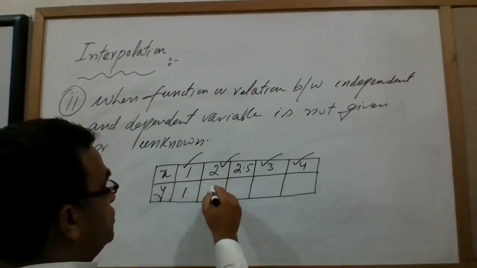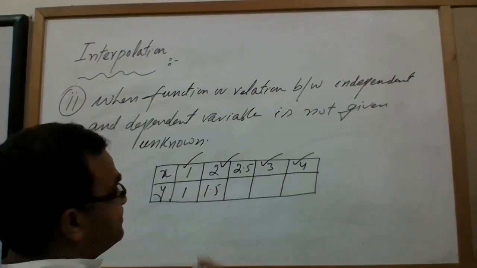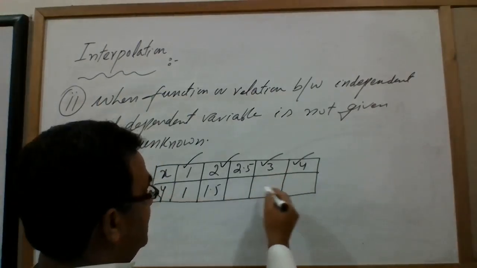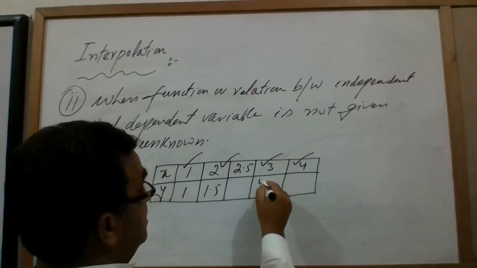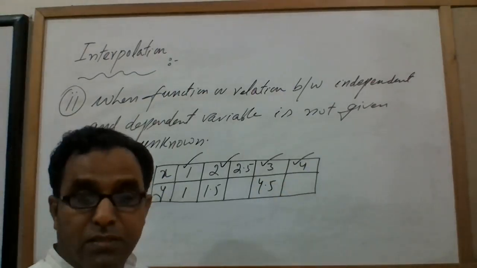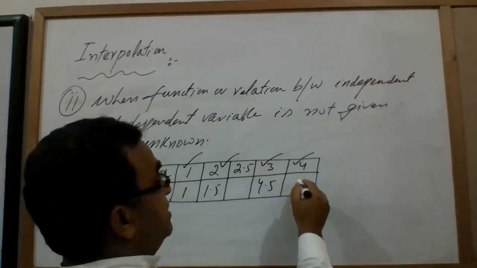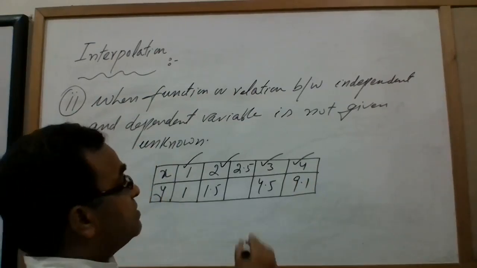For x equal to 2, the value of y is, let's say, 1.5. And when x is equal to 3, y is, let's say, 4.5. And when x is 4, let's say the value of y is 9.1. So this is the data.